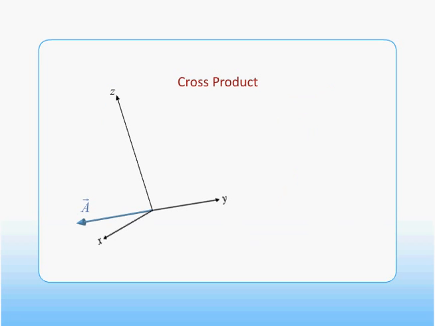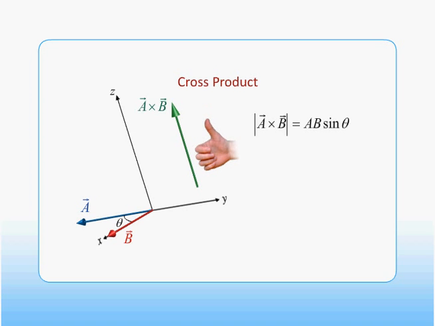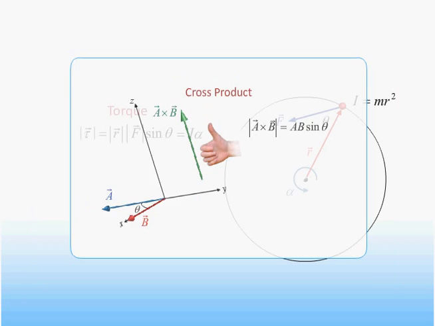Namely, given two vectors A and B, the magnitude of A cross B is given by this same form. The direction of A cross B is perpendicular to both A and B and is given by the right-hand rule. If you point the fingers of your right hand in the direction of A and curl them toward the direction of B, then your thumb points in the direction of A cross B.